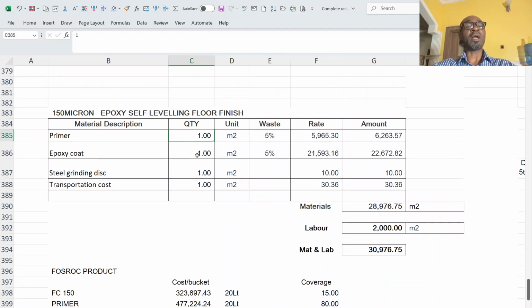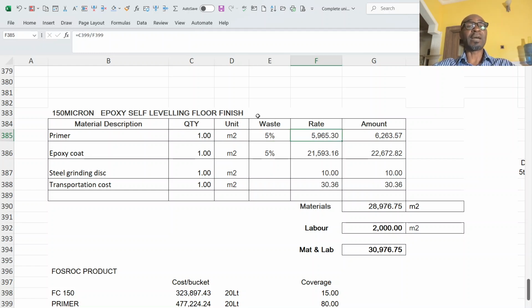For 1 square meter, of course, like I said, if the floor is not properly finished, there are undulations, so definitely the consumption to fill in those depressions on the floor to bring it to level, the epoxy is going to cover those areas. So I am applying 5%, which sometimes could range up to 10%, meaning between 5 and 10% waste because of the undulation on the floor.